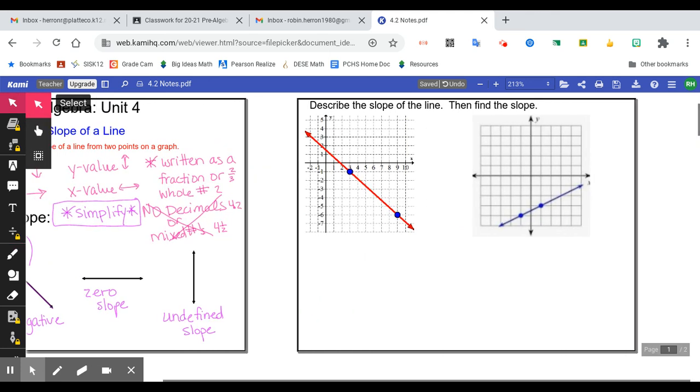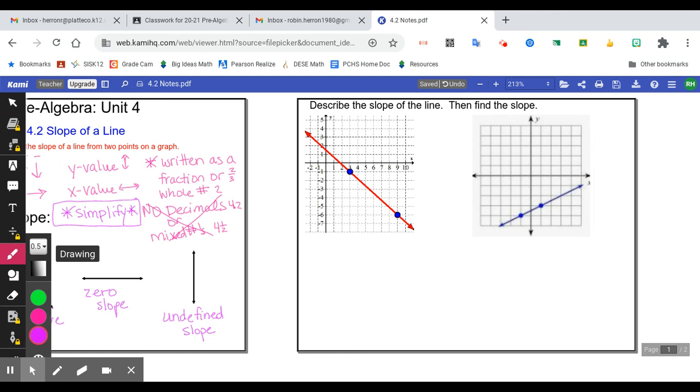So let's work here. We're always going to write our slope as a fraction or a whole number. We're going to simplify it every time we can. No mixed numbers, no decimals, but we're going to write our number as rise over run. I'm always going to start with the point that comes first on my line towards the left-hand side. So that would be this one right here. If I want to get from this one down to this one, I have to go down and then to the right.